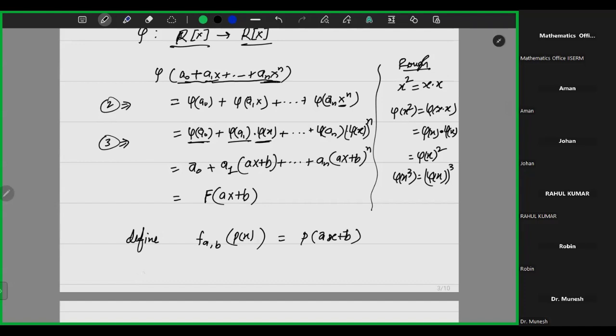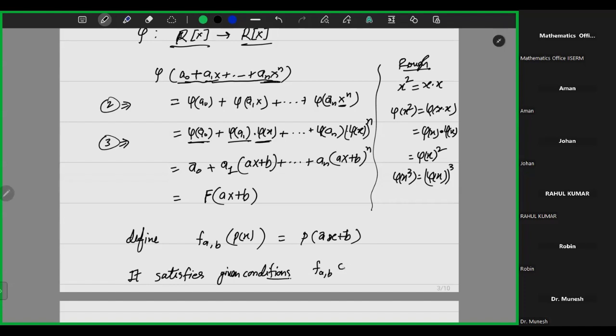Now verify that it satisfies the given conditions, right? How? Someone can point out how it satisfies our given conditions.